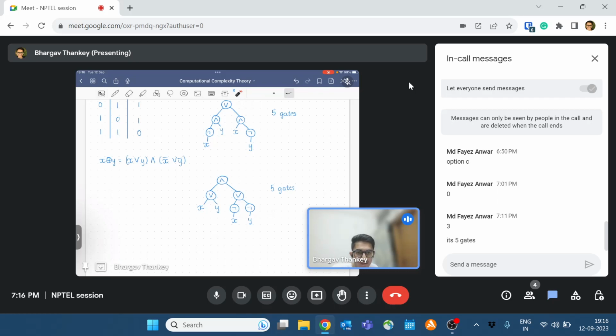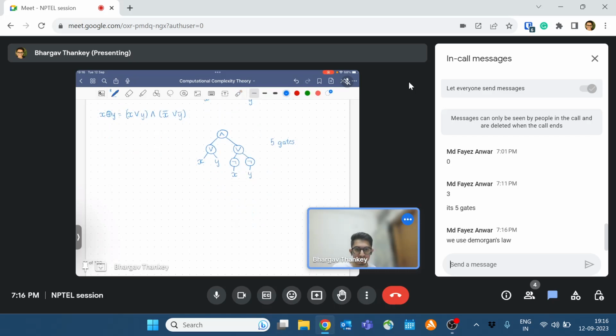Let me tell you what we are going to do. We are ultimately going to replace these two NOT gates with just one NOT gate. Can you see how we can do this from this circuit? Yeah, it's using De Morgan's law. So what does this part of the circuit compute? It computes this, right? However, using De Morgan's laws, this is the same as NOT of x and y.